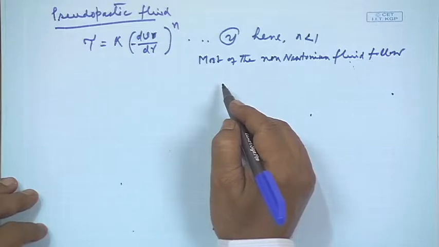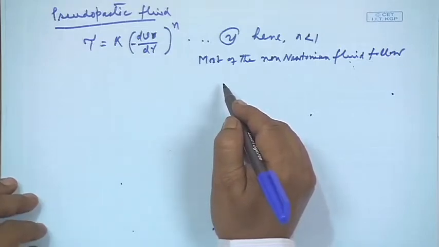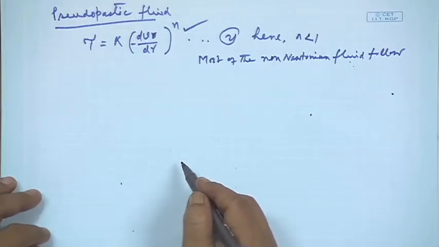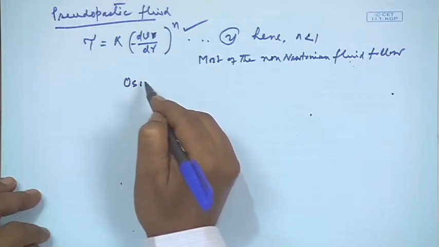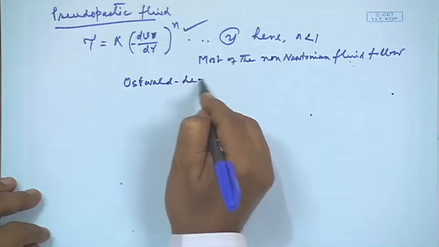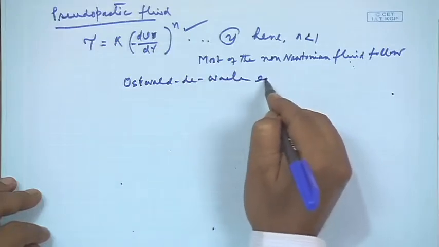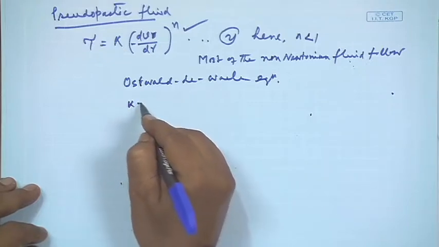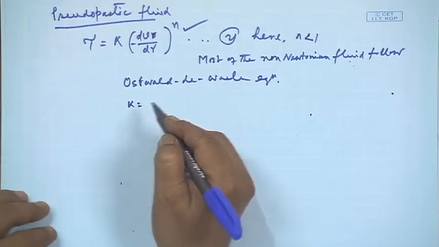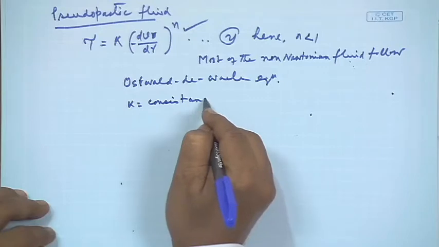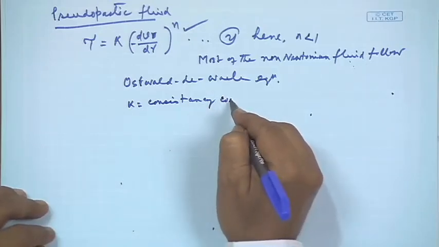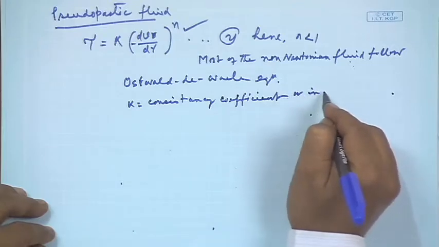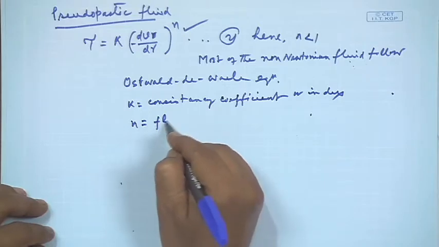So the general power law equation can be written like this, and this is commonly known as the Ostwald-de Waele equation, where K is the consistency coefficient or index and n is the flow behavior index.